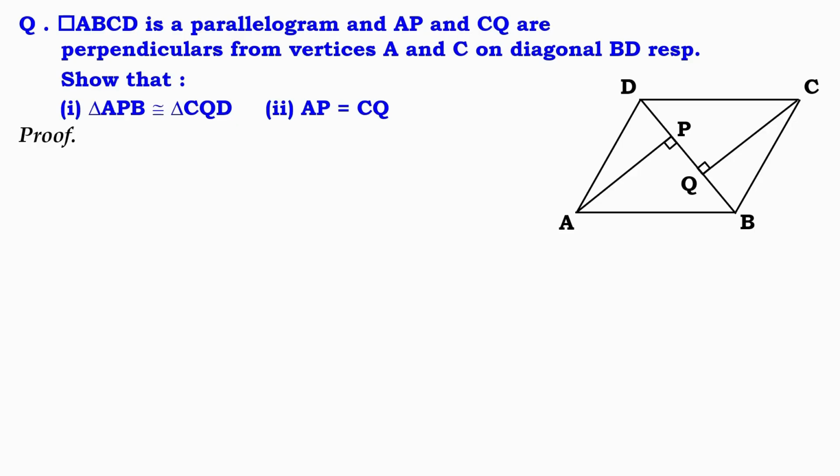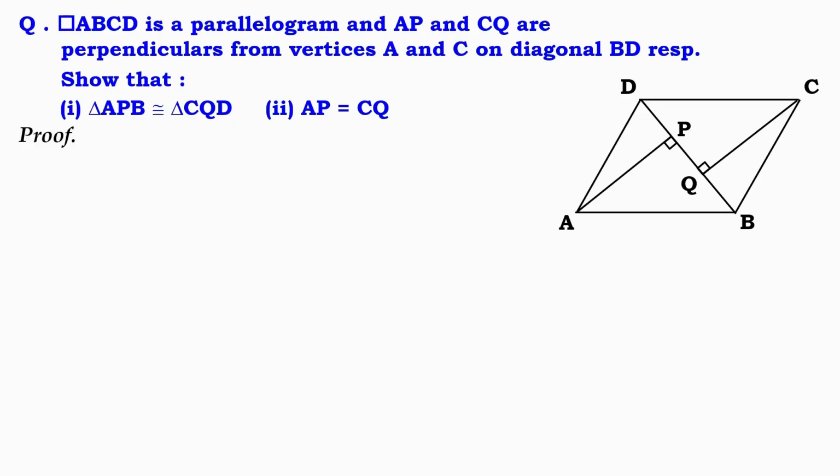What we need to show is that triangle APB is congruent to triangle CQD. This is the part 1 we need to prove. Then in part 2 we need to prove AP is equal to CQ.